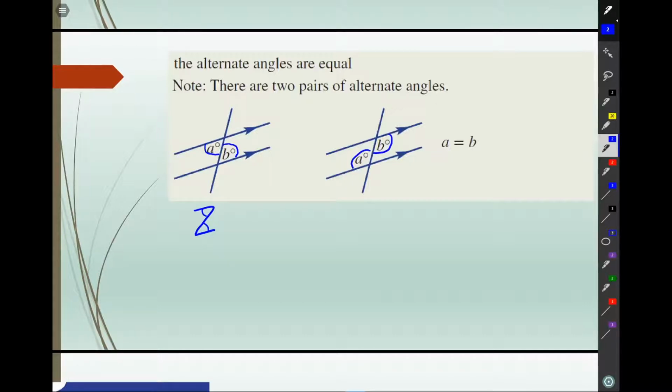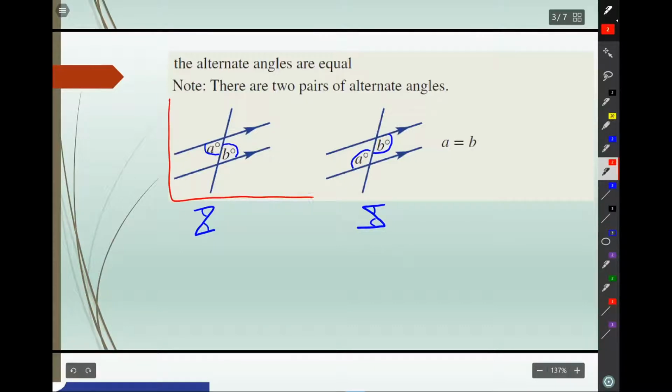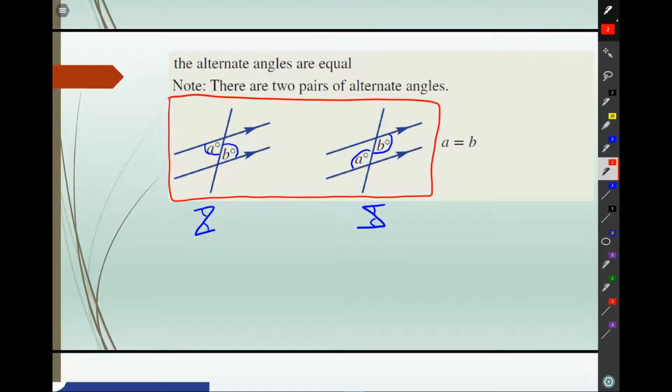Or in this case, the Z is backwards. This angle and this angle. I want everyone to copy this diagram down into their books. And you can include this little Z drawing if you'd like, if that will help you remember it.